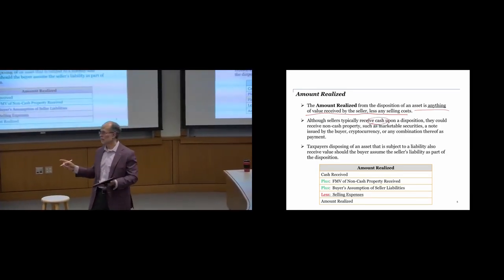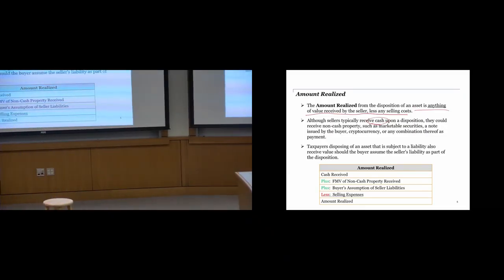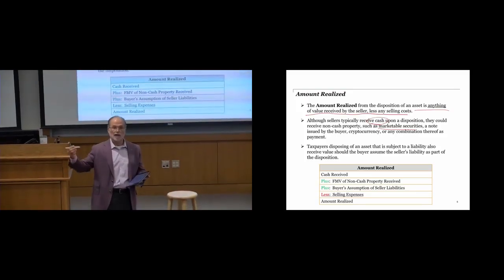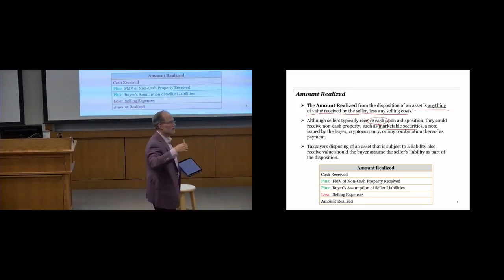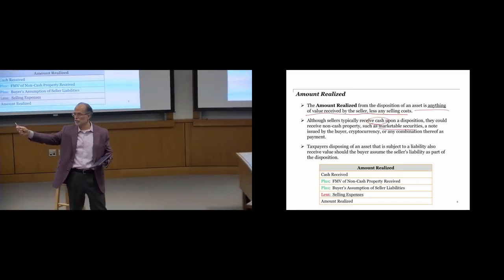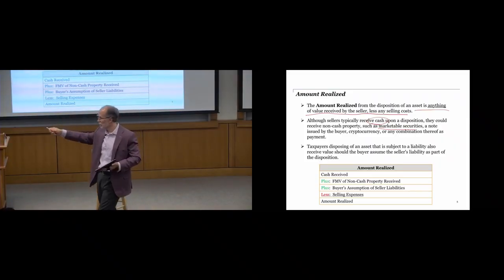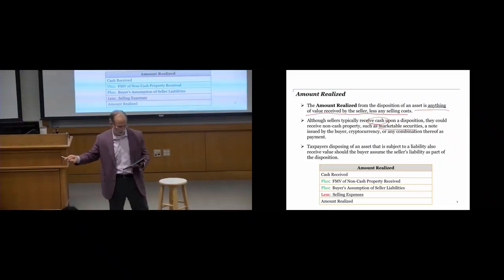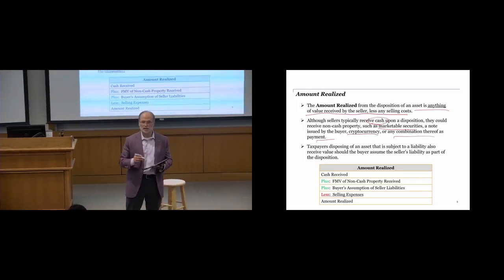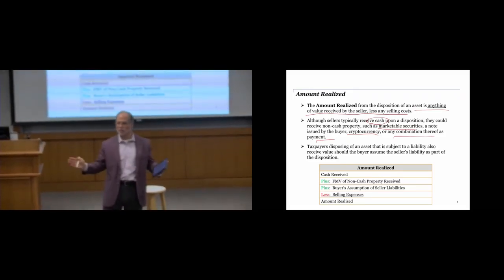You dispose of the asset for cash, but it could be the value of the non-cash property you received, such as marketable securities, a note issued by the buyer, where the buyer didn't pay you cash, but they're saying, I'm going to deliver an instrument to you in the form of a note where I intend to pay you in the future. That's value, that's amount realized. It could be cryptocurrency or any combination of the above. If it's a collection of things that they gave you, all of that counts as amount realized.